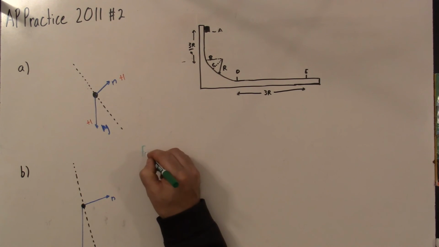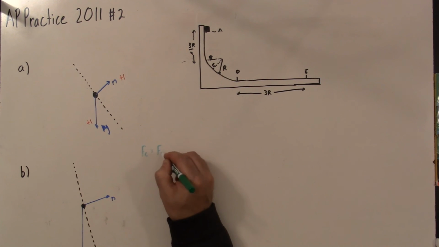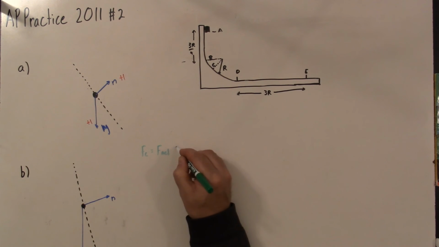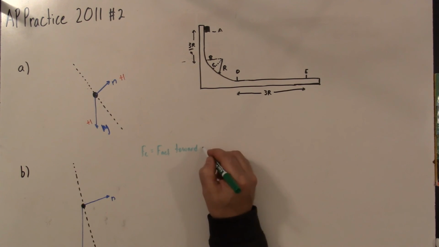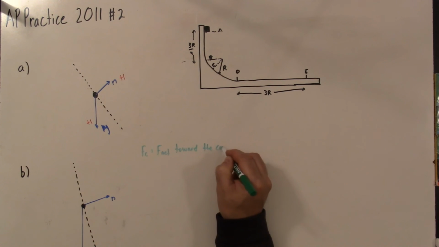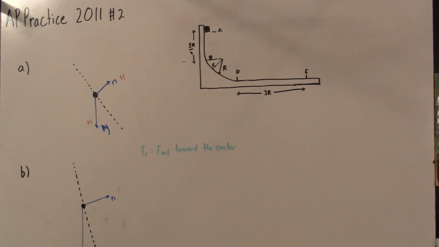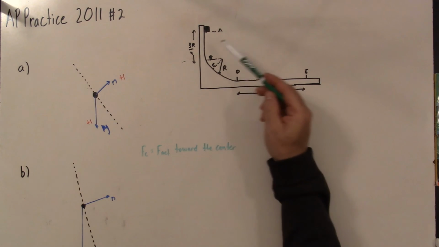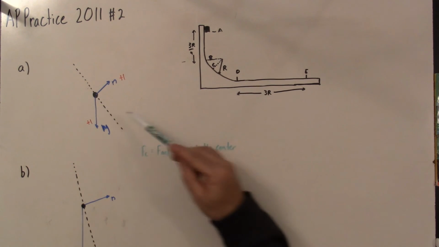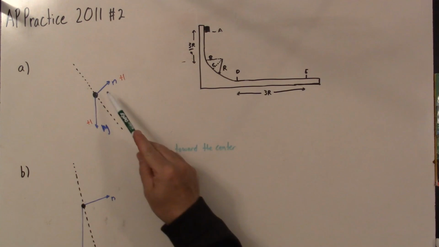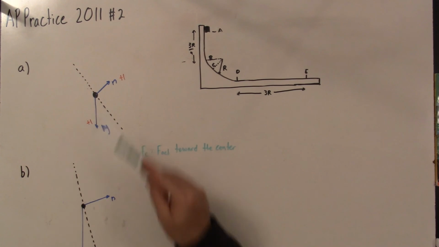So I know the centripetal force is the net force that points toward the center. Now, if you're in uniform circular motion, then it's just the net force. But this is not in uniform circular motion because it's speeding up through here. So it can't be just the normal. It has to be some combination.